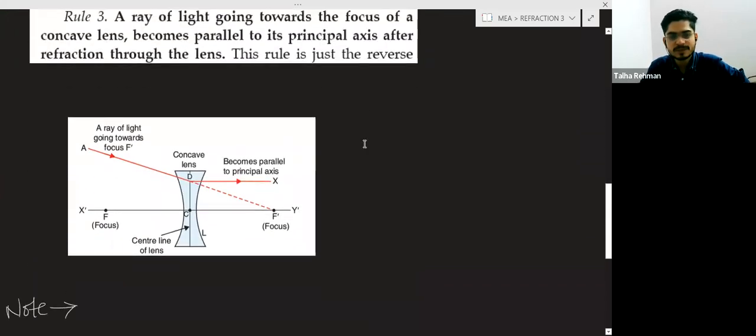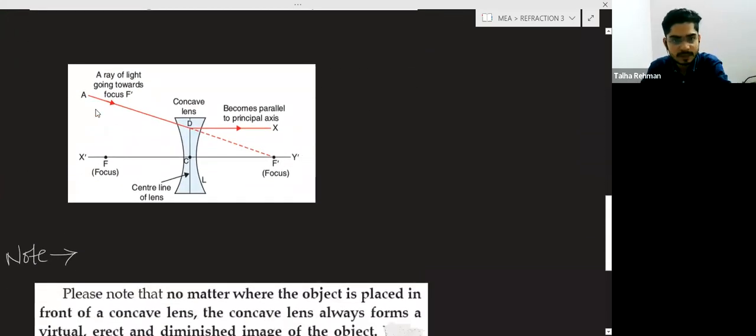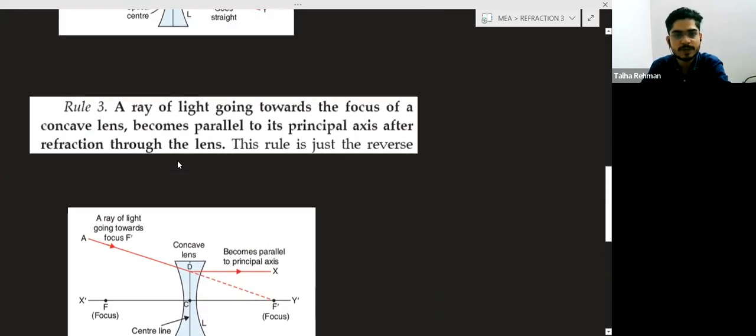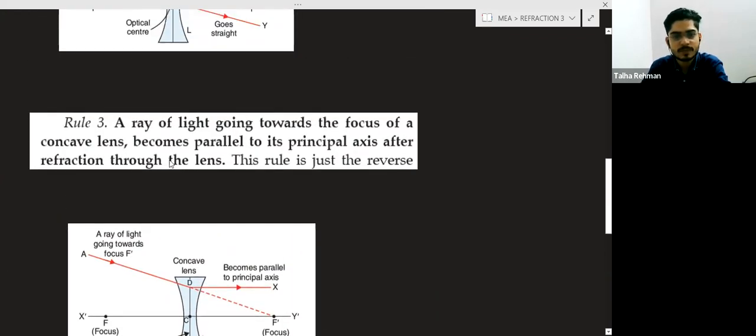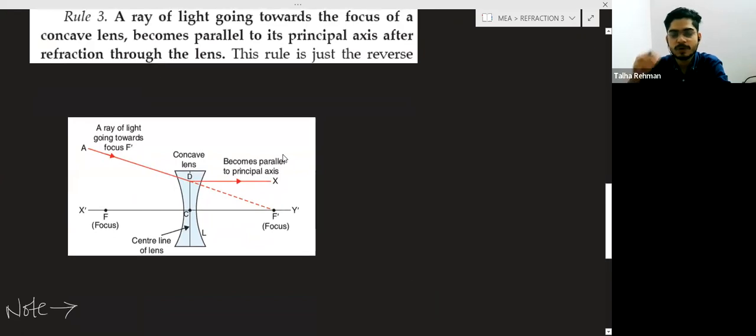Now the third rule. Suppose a ray of light is coming like this. After passing through the lens it becomes parallel.